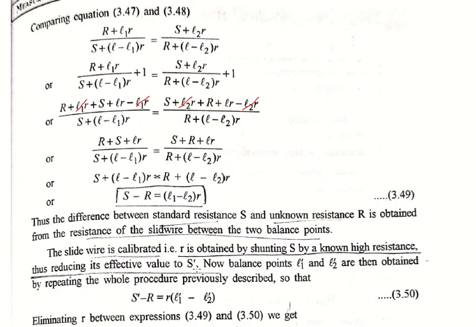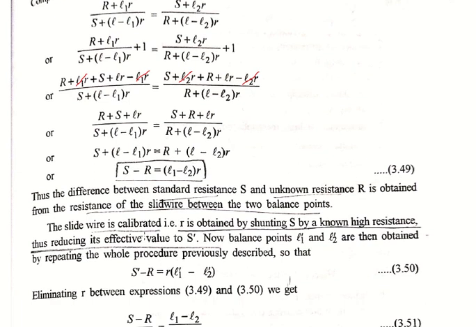So we get the next equation where S is replaced by S dash. The whole procedure is repeated with the high resistance shunted across S, and new balance points are obtained, L1 dash and L2 dash. We get an equation similar to 3.49, but here S is replaced by S dash, L1 by L1 dash and L2 by L2 dash.